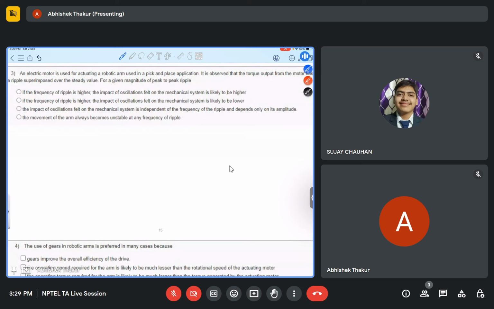So the next question is: an electric motor is used for actuating a robotic arm in a pick and place application. It is observed that torque output from the motor has a ripple superimposed over the steady value for a given magnitude of peak to peak ripple.